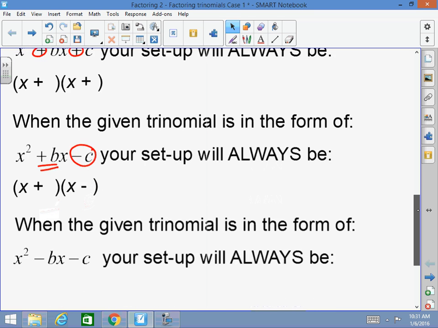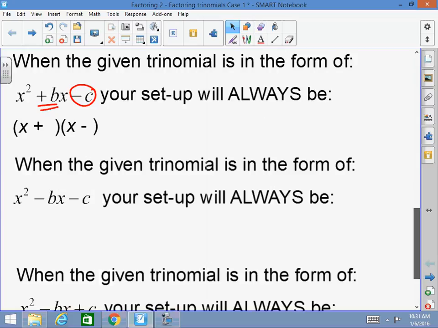When the trinomial is in the form of x squared minus bx minus c, you're going to have, again, plus minus. If I have x squared minus b minus c, I'm going to have, again, plus minus. Let's think of the example I just used before, but let's reverse it.